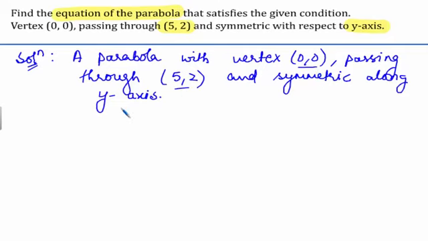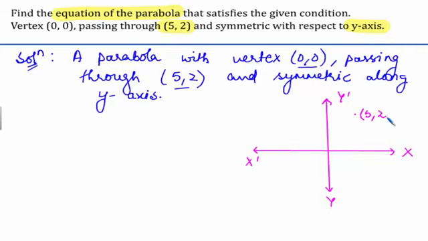Now, the given parabola will be upward or downward opening. But since the parabola is passing through the point (5, 2), which is somewhere here, the parabola will be opening upwards. And we know that the standard form of this type of parabola is given by x square is equal to 4ay.